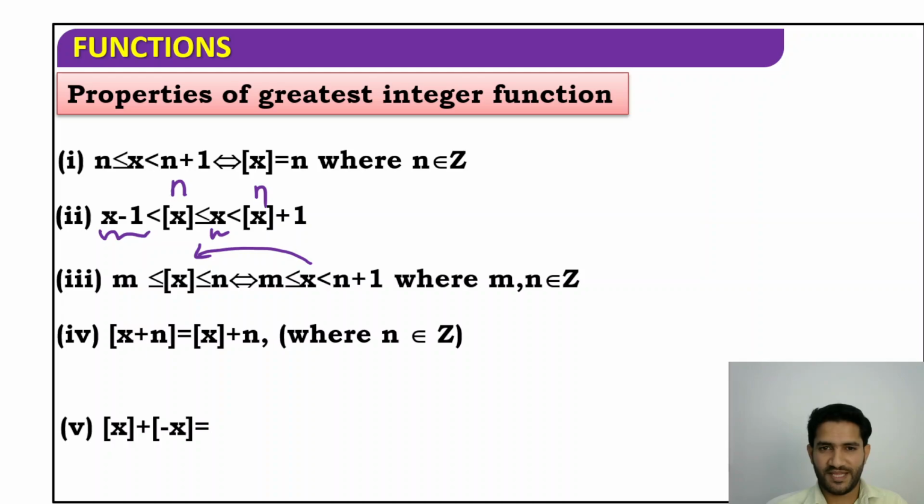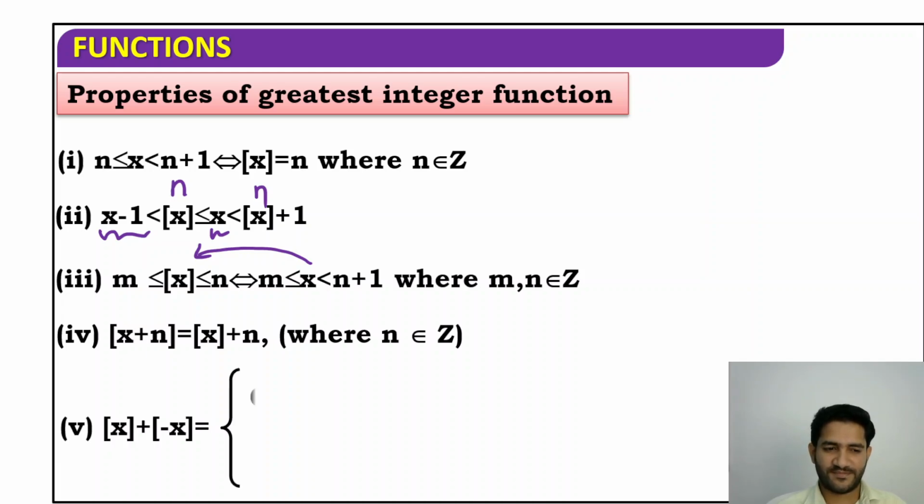Greatest integer of x plus greatest integer of minus x. Let's guess the answer. It is equal to, with the same x but taking positive and negative, what will be the answer?